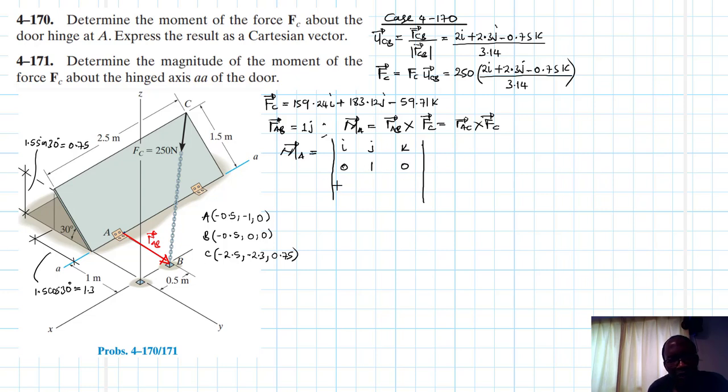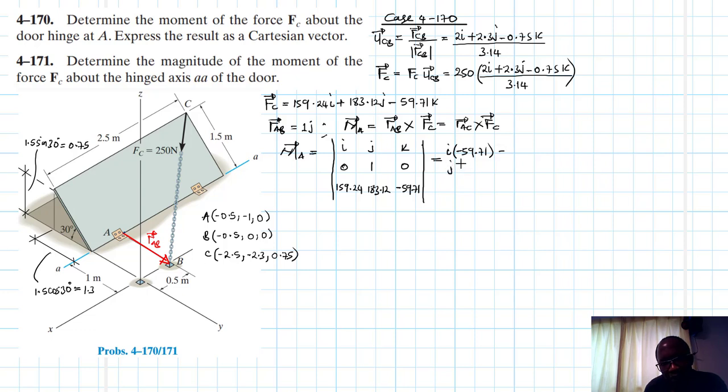And FC is 159.24, 183.12, and negative 59.71. So let's work out this. We have an I there. So I just becomes minus 59.71.